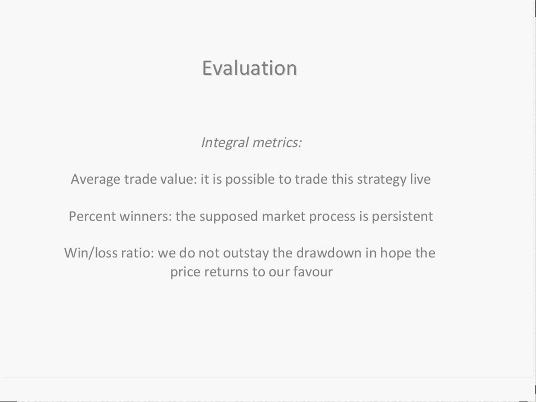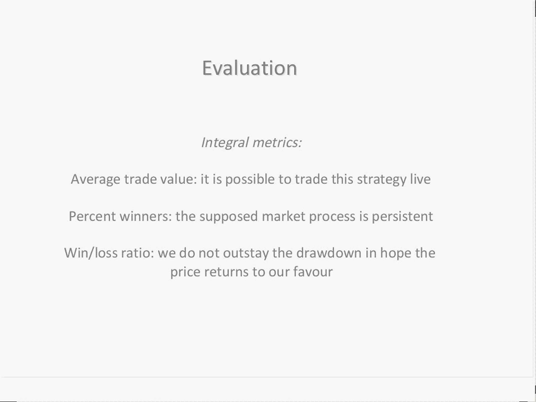The integral metrics that we normally use are, first, the average trade value, the possibility to trade this strategy in real life, because, for example, if you have an average trade value that is comparable to the commission plus slippage, then of course this strategy cannot be traded live. We evaluate the percent winners.